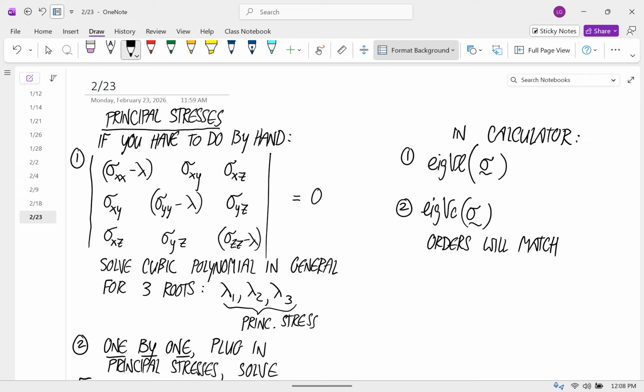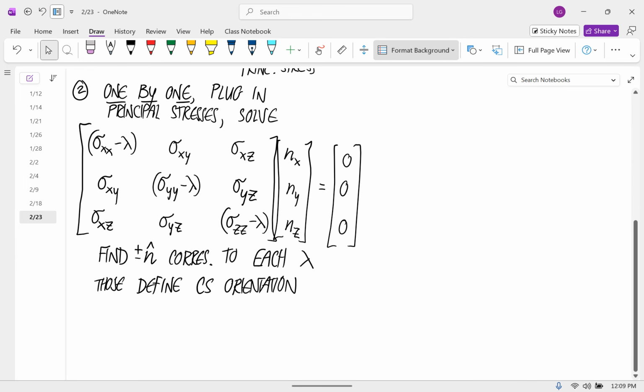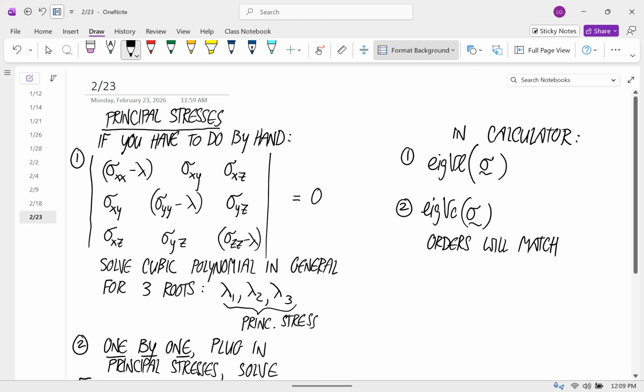So, for example, the first eigenvector you get from your calculator is going to correspond to the first eigenvalue you get from your calculator. This way of doing it by hand gives you a better sense of what these things all mean, but this is what you're going to do for the rest of the class.